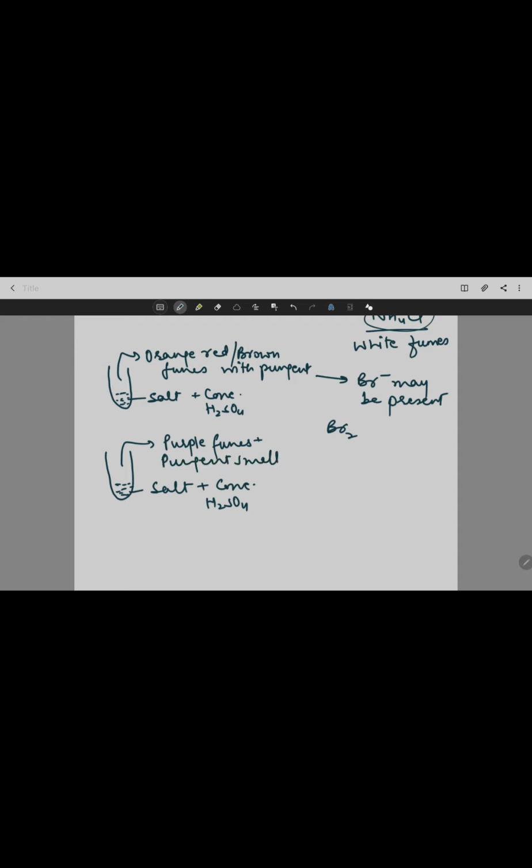If it is purple fumes with pungent smell, then what radical may be there? That is iodide. Iodide may be present, and these purple vapors are because of the iodine gas. So iodine gas is coming out, that is why we have those purple fumes, because of the presence of iodide ion.